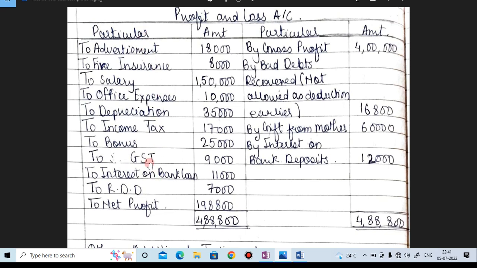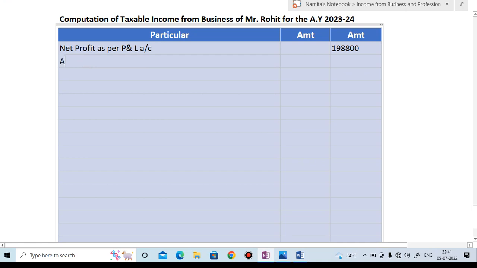Now write here: add disallowed expenses. Now the first disallowed expense.